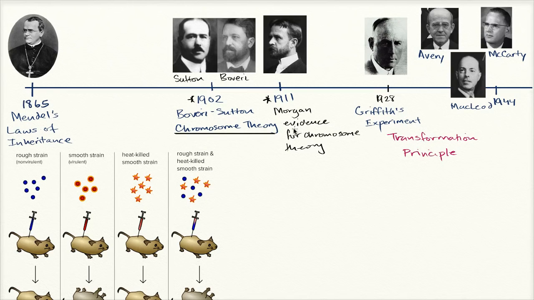But even Morgan and his team, when they looked at chromosomes, a lot of times now when we think of chromosomes as being made up of DNA, and that is true, but chromosomes are also made up of other things, including proteins.